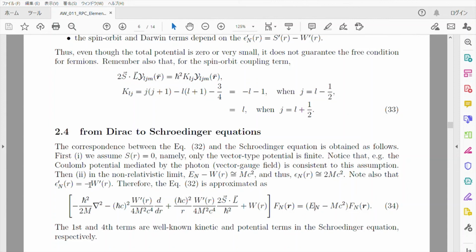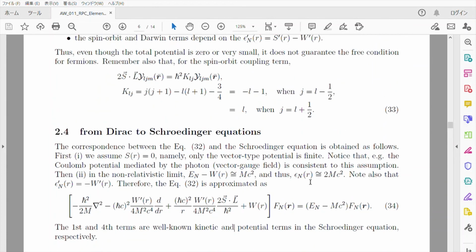So finally, the last equation is approximated as this well-known form. Here, the first and fourth terms are the well-known kinetic and potential terms in the Schrödinger equation, whereas the second term is the Darwin term and the third term is the spin-orbit coupling term.